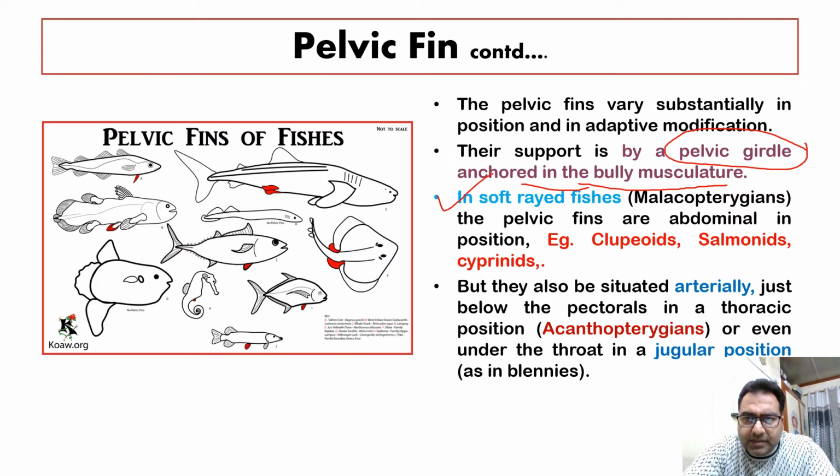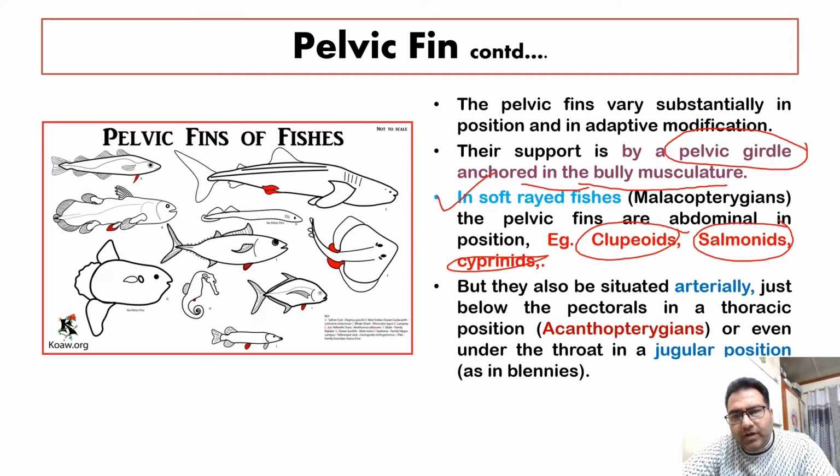In soft-rayed fishes, that is malacopterygians, the pelvic fins are abdominal in position, and in the case of clupeids, salmonids and cyprinids, so we are talking about these very fishes, the position of the pelvic fin is abdominal.